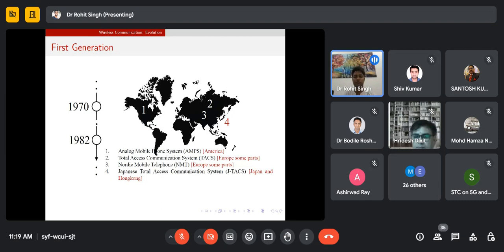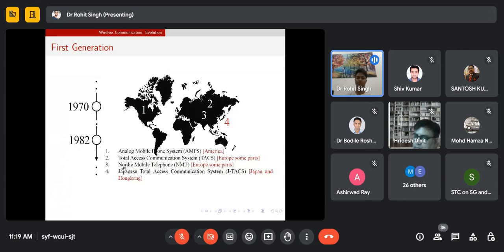The first one is the Advanced Mobile Phone System, AMPS, which was initiated in America. This is one standard in the first generation of wireless communication systems. Another standard was the Total Access Communication System, TACS, which became popular in the Europe region.